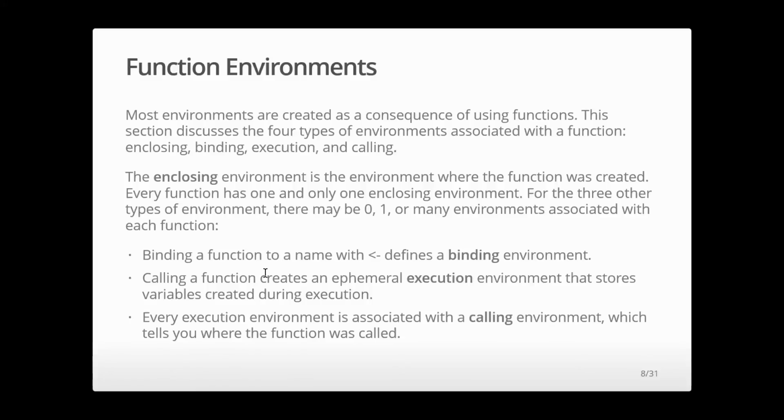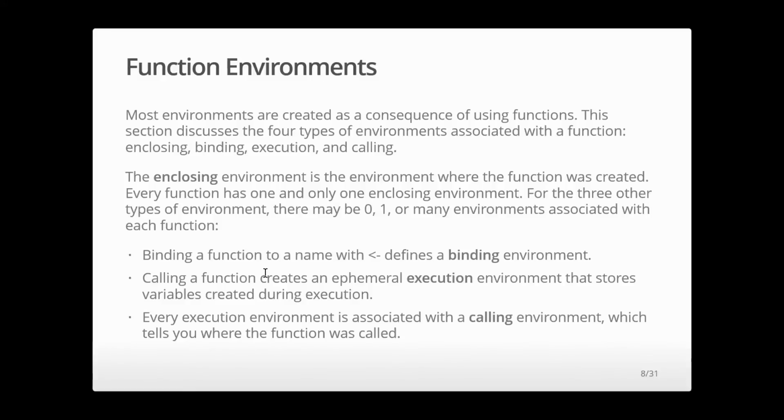So we saw that you can create a new environment using the command new.env, but most of the time, anytime you have to think about environments is a consequence of using a function. When you run a function, you're going to get different environments, and there are 4 that we need to think about: the enclosing environment, the binding environment, the execution environment, and the calling environment.